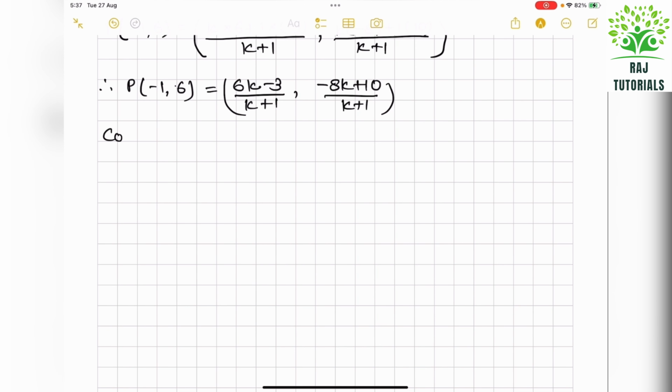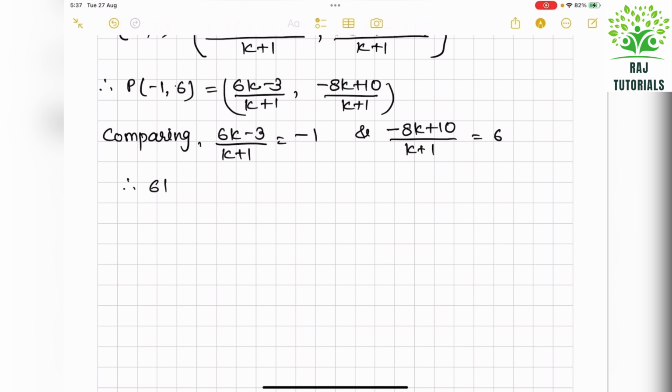Now comparing, (6k minus 3) upon (k plus 1) equal to minus 1, and (minus 8k plus 10) upon (k plus 1) equal to 6.